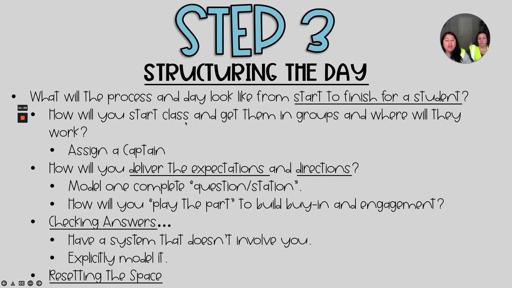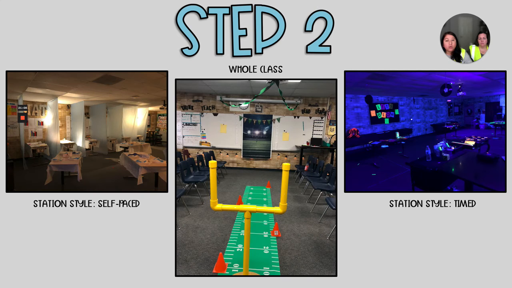Another thing you want to think about is that in a lot of our pictures, you saw that there were student workstations in the middle of the classroom. Something we've found is super important is not to let the students block the station, especially if you're doing it self-paced. For this particular classroom transformation, we assigned each group: once they knew what group they're in, we said, you're going to go to that table, you're going to go to that table.